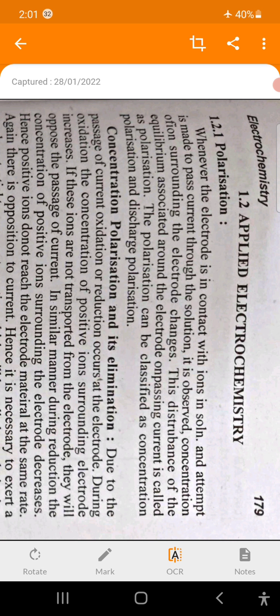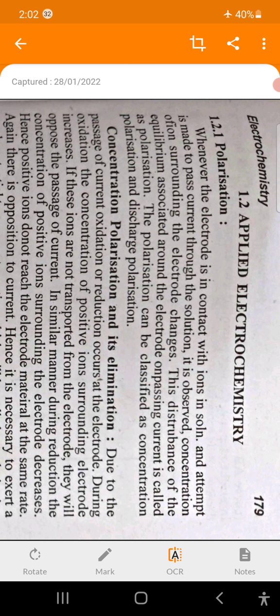Therefore, at the vicinity of the anode, there is a higher concentration of positive ions, and in the vicinity of the reduction electrode, that is the cathode, reduction results in a decrease in concentration of positive ions, due to neutralization of positive ions. Hence, that results in an increase in concentration of negative ions.